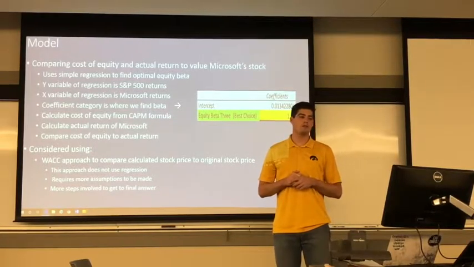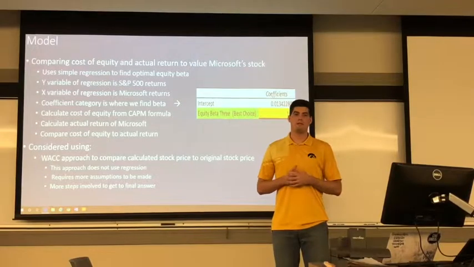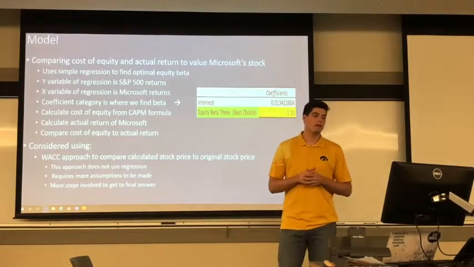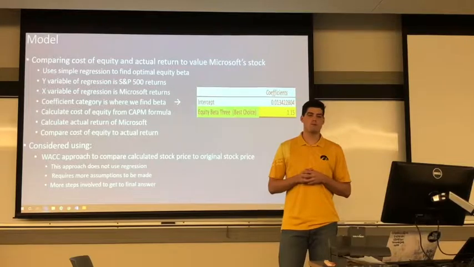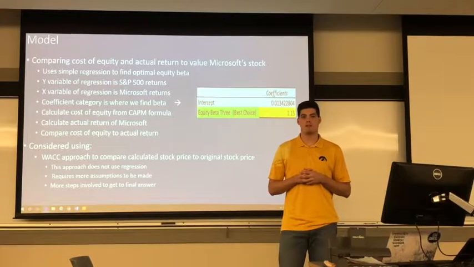Within these regressions, we use the coefficient category to find our beta. And then once we have our optimal equity beta, we will calculate the cost of equity from the CAPM formula. Moving on, we calculate actual return of Microsoft. And then finally, we compare the cost of equity and the actual return to get our final answer.